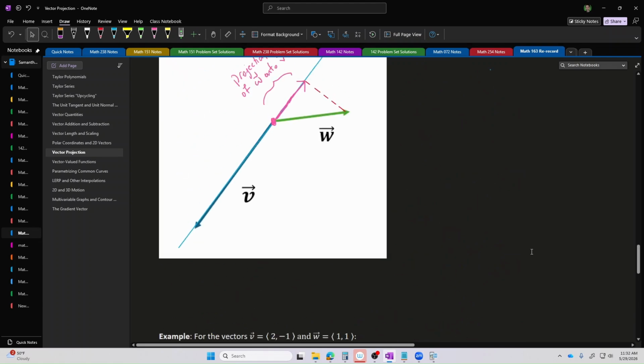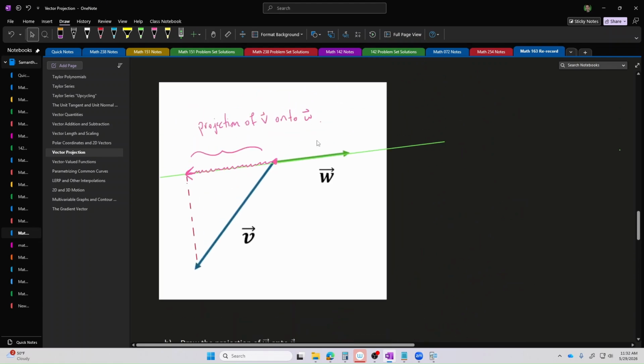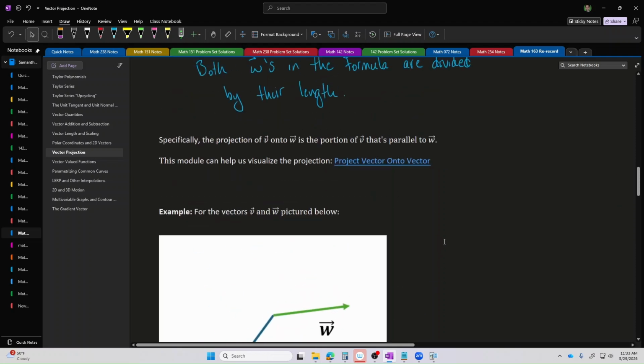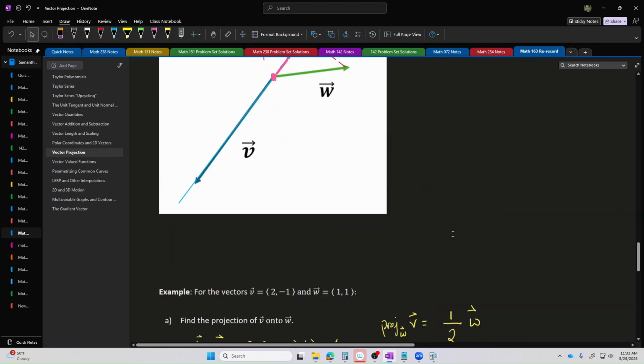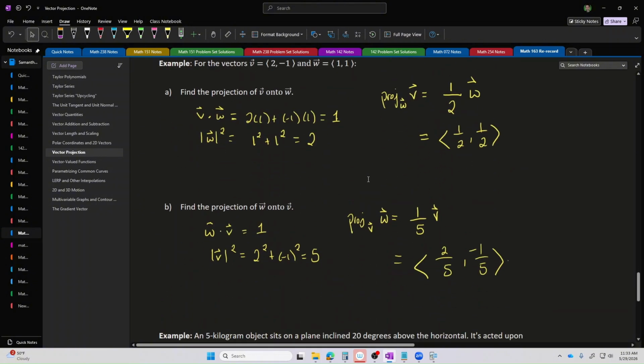Now, the projection is designed to give us the portion of a vector that's parallel to some surface. The projection formula requires us to represent that force in vector format, and it requires us to represent that surface in vector format so that we can do things like dot the vectors together and calculate the vector length.